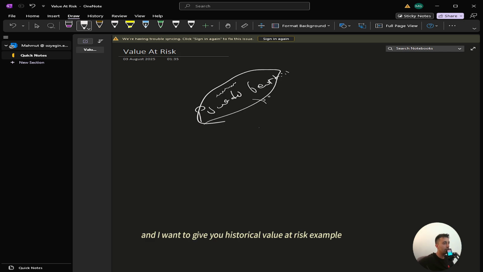And I want to give you a historical value at risk example here and explain ranking returns and identifying the cutoff return, guys. All right. Assume we have accumulated 100 daily returns here, and our investment is 1 million, guys.